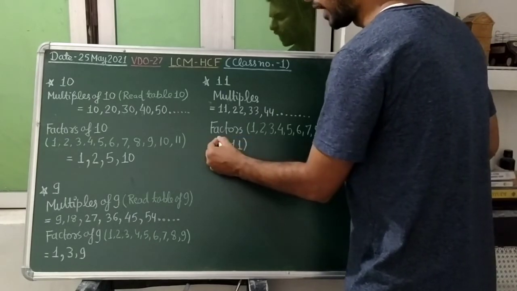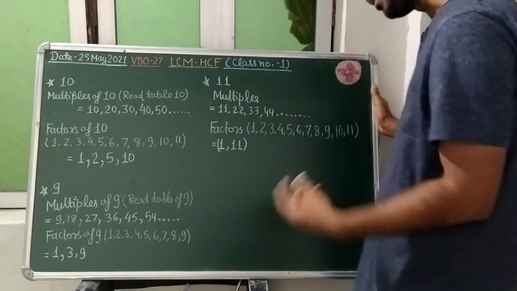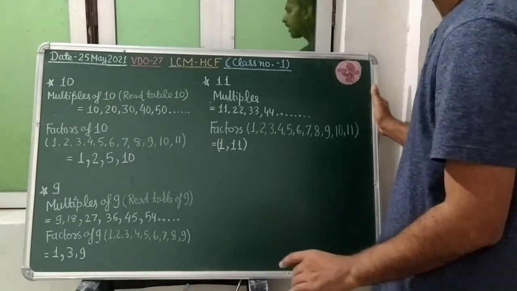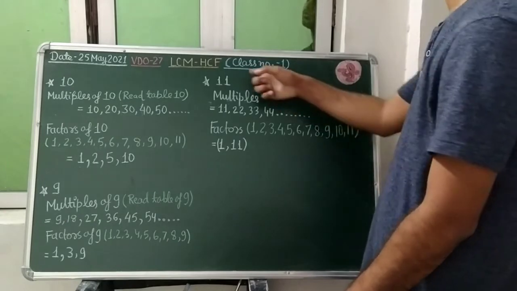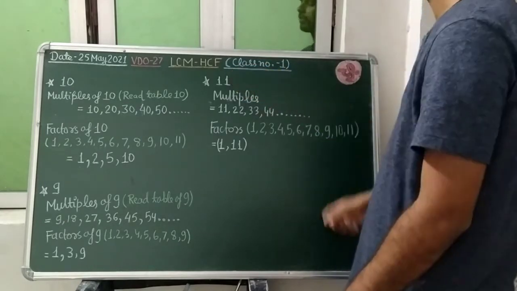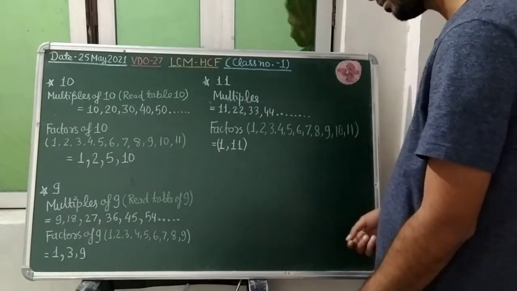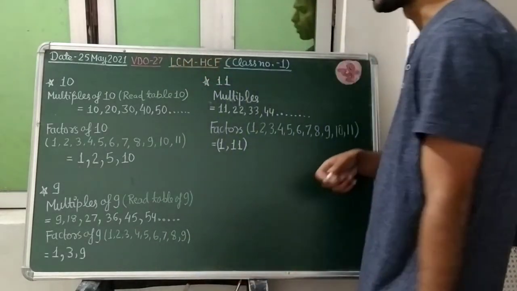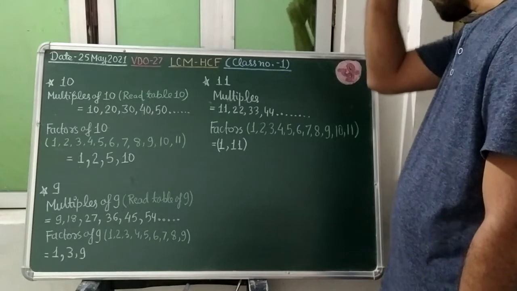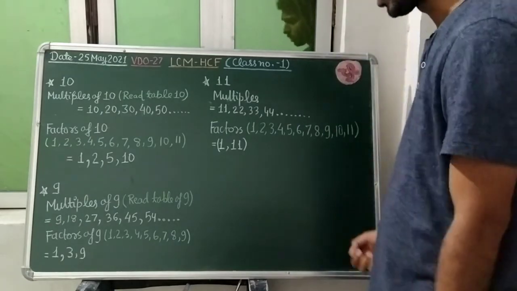Look students, factors of any number are limited, but multiples are unlimited. Here you are looking that if you select 11, you get the factors 1 and 11. So students, what can you observe from here? That 11 is a prime number.